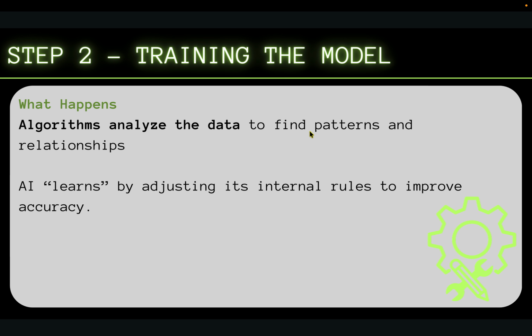So it's basically allowing the connection from various data points that are in the data set and connecting them to show how they are related and how they go hand in hand, what they can do. So basically, this is the stage where your AI system is learning and it basically has the ability to adjust based on how it was set up or what rules were set in place for this system.